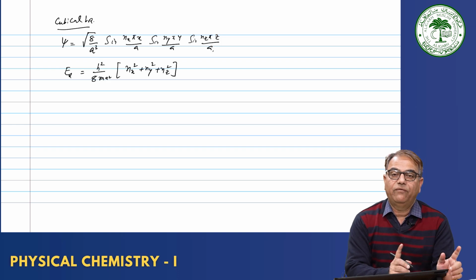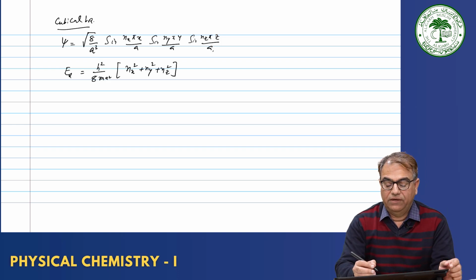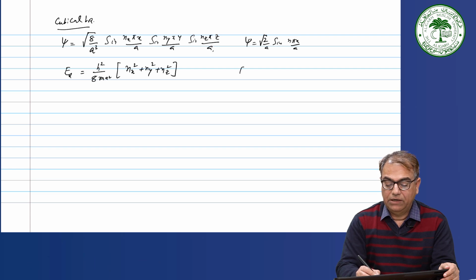So look, for a one-dimensional box, if you compare this with a one-dimensional box energy, then it is root 2 by a sine n pi x upon a, and energy is n square h square divided by 8ma square, where n is 1, 2, 3, 4.